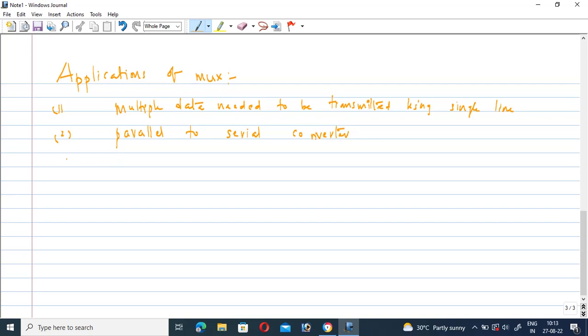It is also used in communication systems and the telephonic network, and it is also used in computer memory applications.